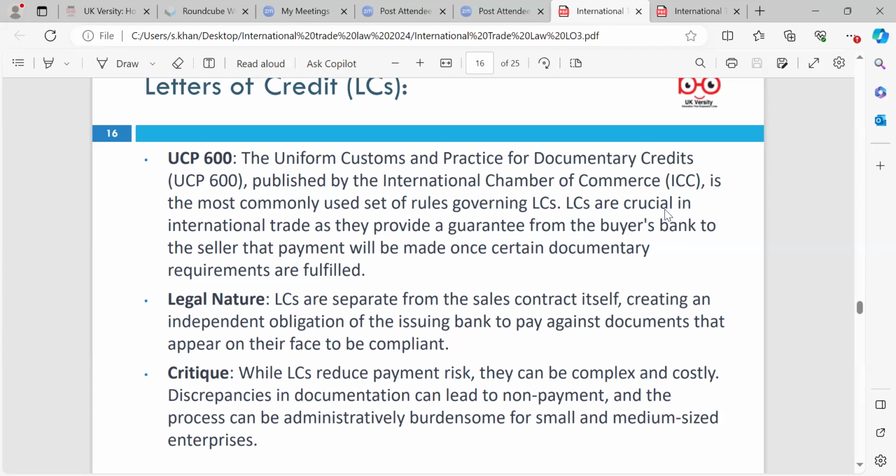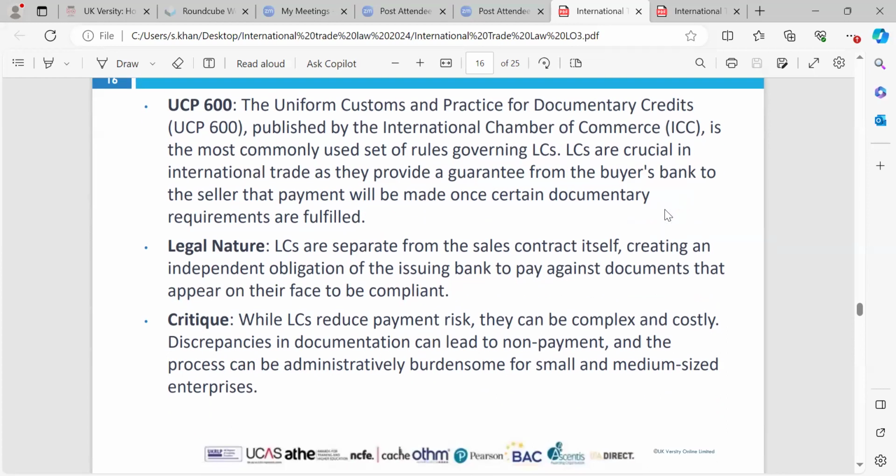We looked at the legal nature of letters of credit, which are separate from the sales contract itself, creating an independent obligation of the issuing bank to pay against documents that appear on their face to be compliant. We looked at the critique around letters of credit as well.